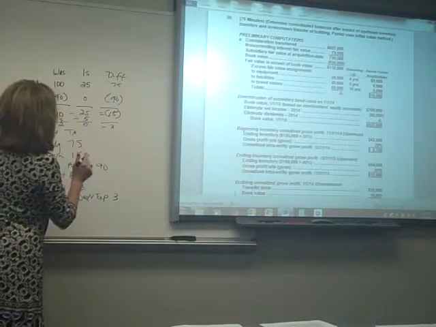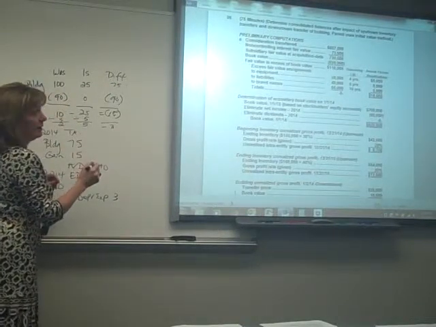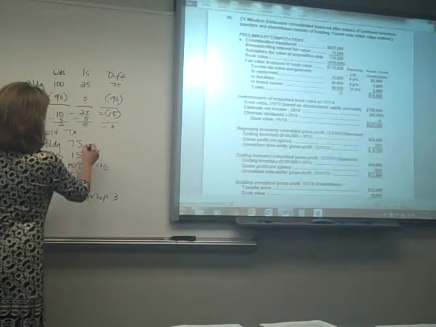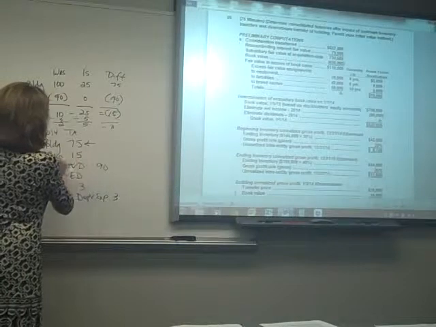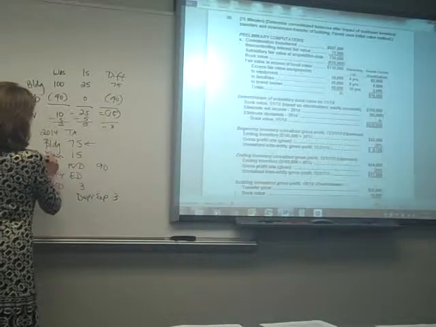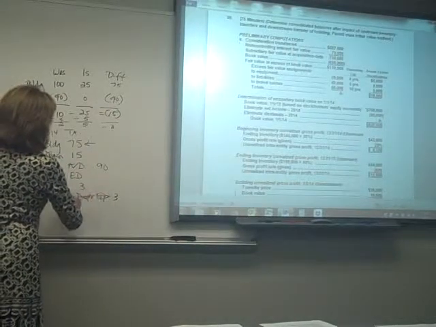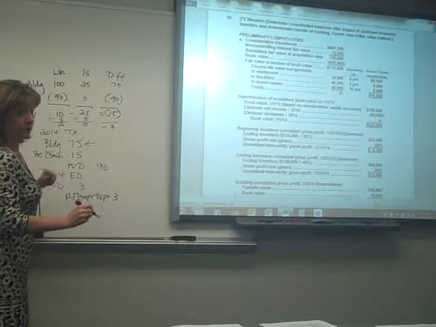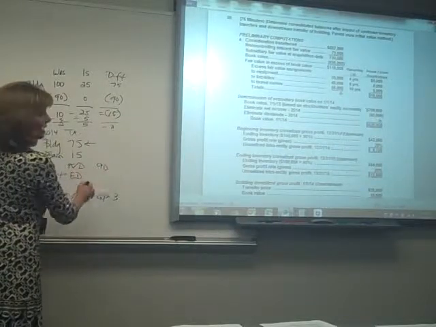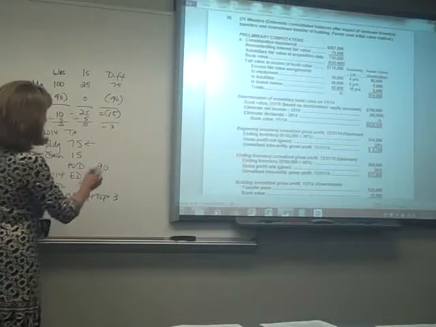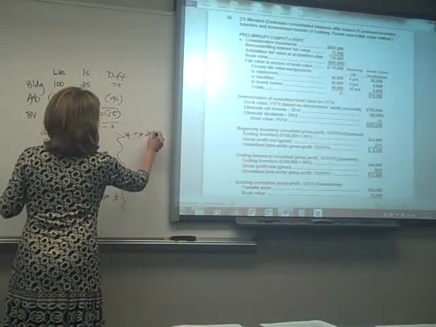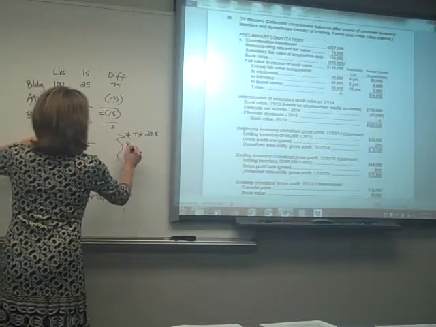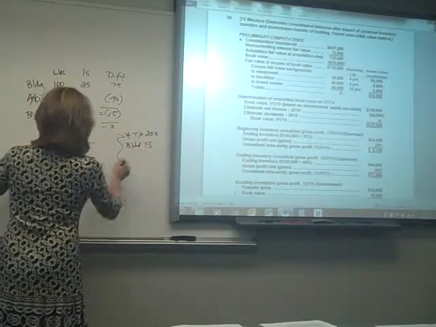All right? Now, the star TA in 2015 will do this building of 75. This will now be retained earnings a year later. And accumulated depreciation needs to be combined. So my star TA in 2015 is building 75.